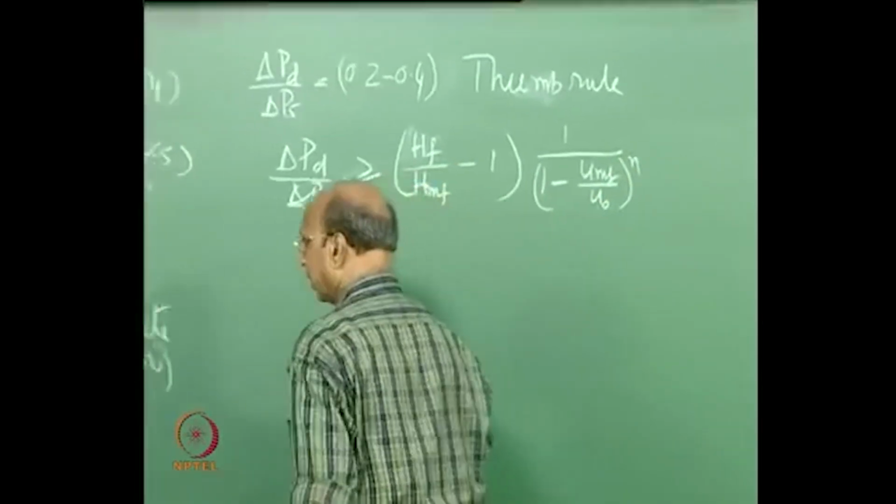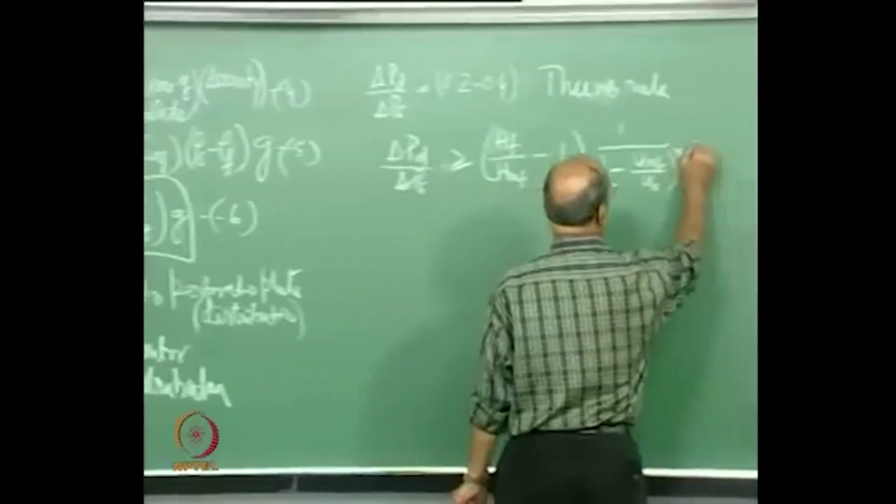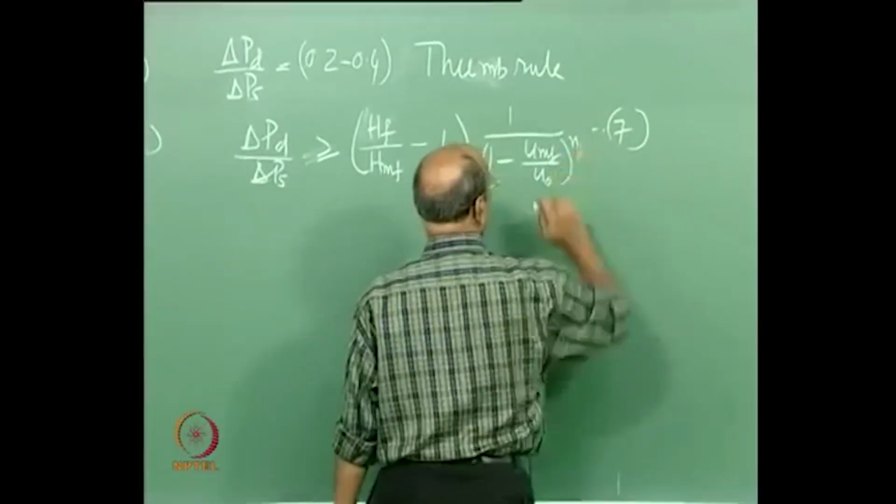That is the equation. This is equation 7 when n is a constant.